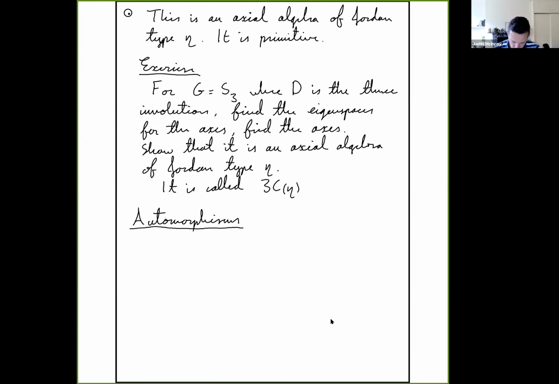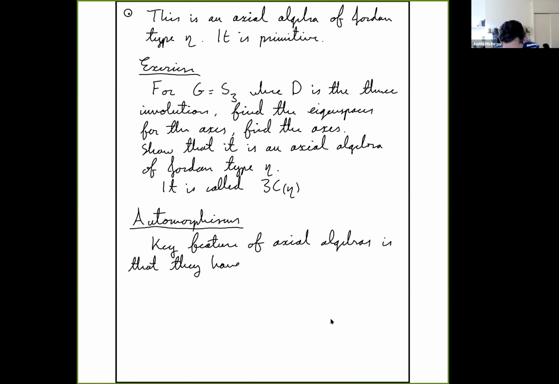So perhaps the key property or the key feature of axial algebras is that they have a naturally associated group of automorphisms.